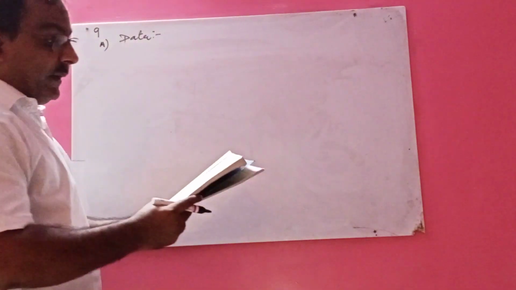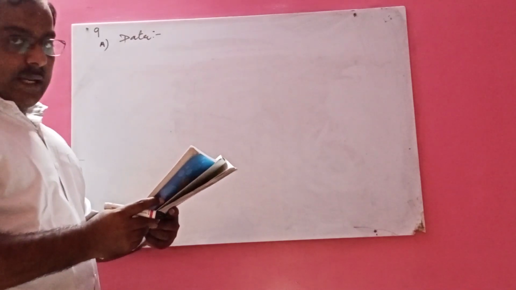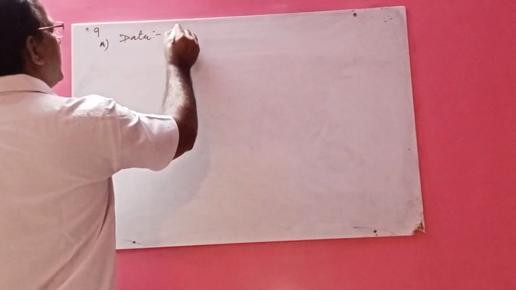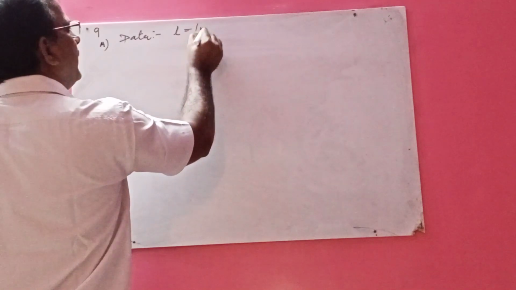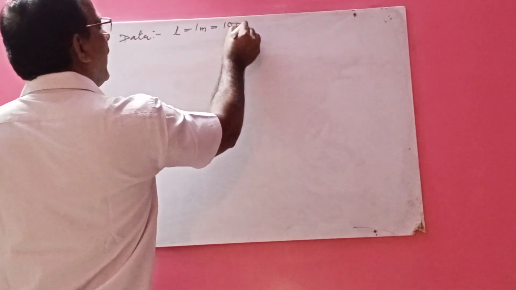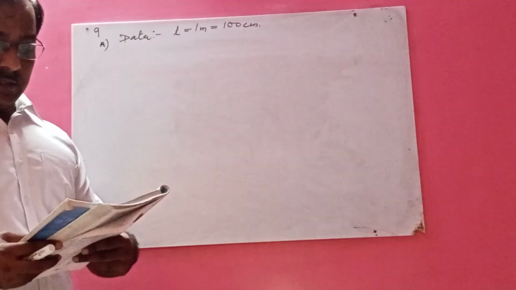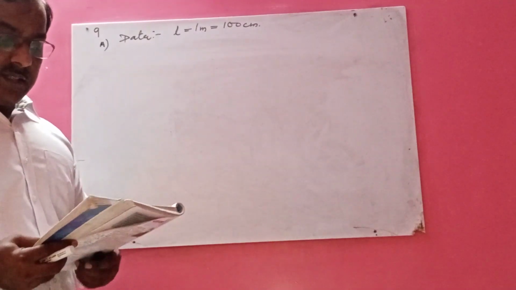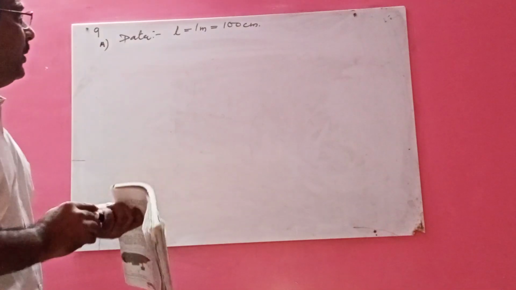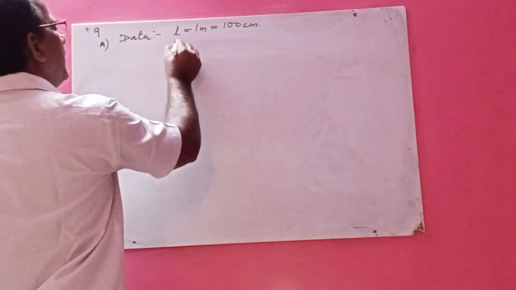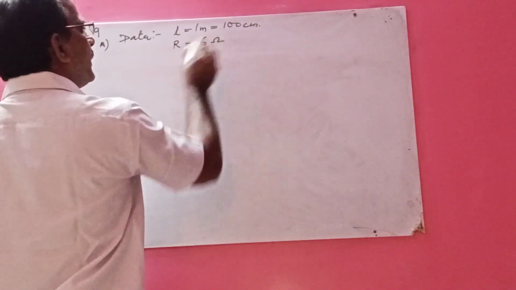What is given here? 1 meter long nichrome wire. So L is equal to 1 meter, which is equal to 100 centimeter. And it has a resistance of 6 ohm. So resistance R is equal to 6 ohm.